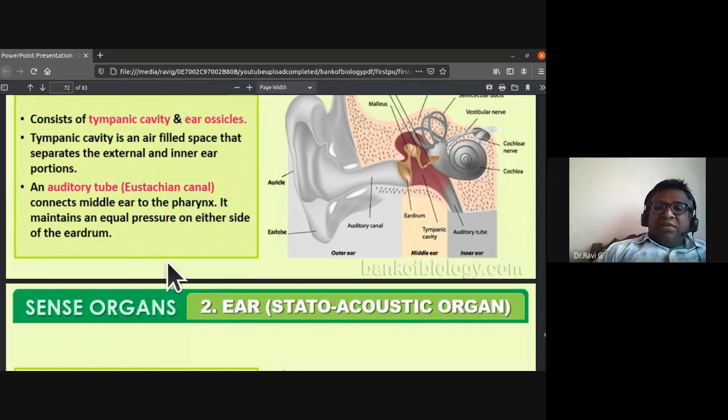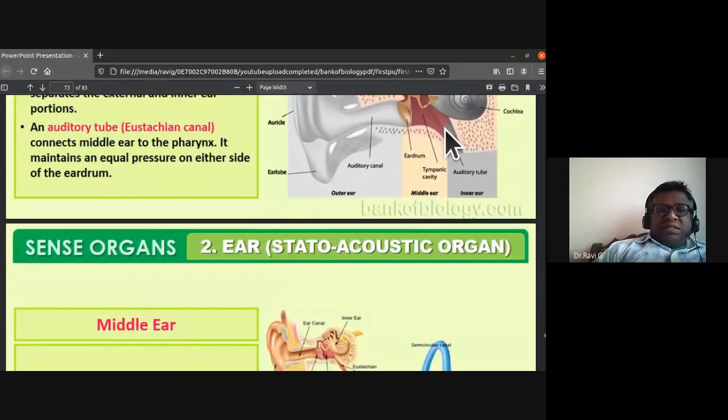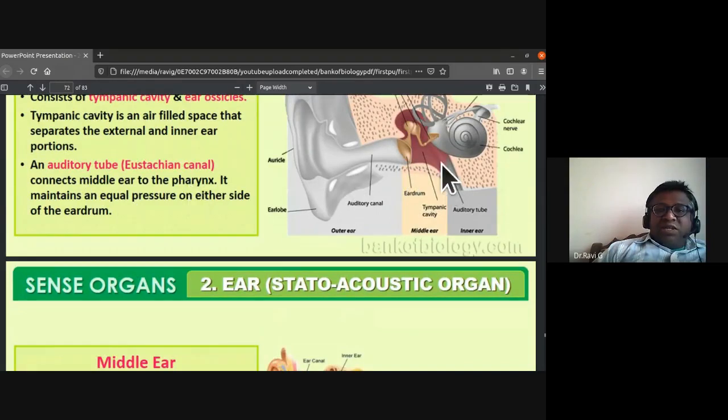It maintains an equal pressure on either side of the eardrum.